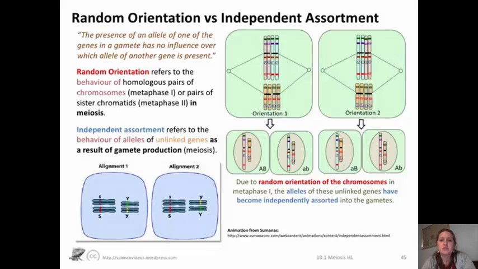Okay, so due to the random orientation of the chromosomes in metaphase 1, the alleles have become independently assorted into gametes. So they are linked but they don't have any influence over one another. So you can have all these different possibilities. Okay.